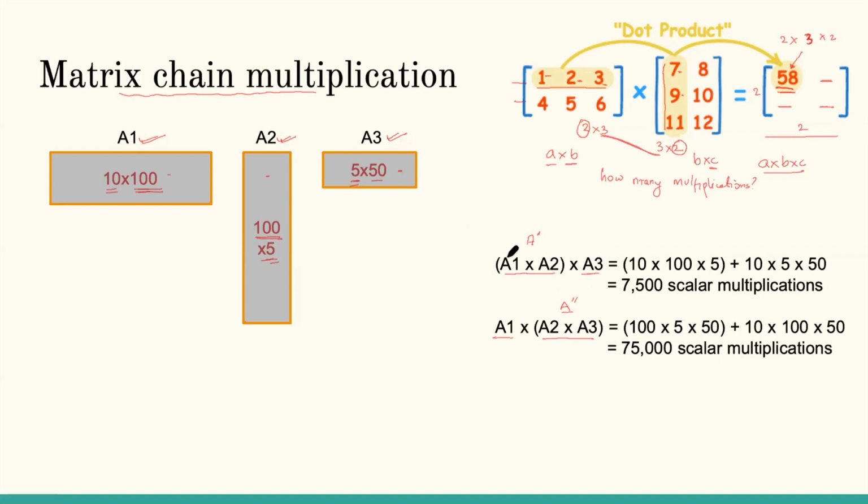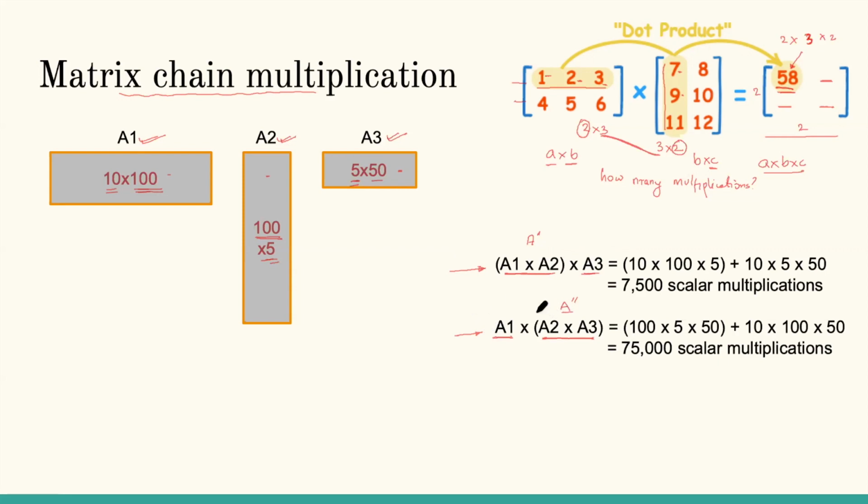Now the question is, which one should we do? In terms of speed, which is faster? Is A1 times A2 and then A3 faster, or A2 times A3 and then multiplying A1 to that product?